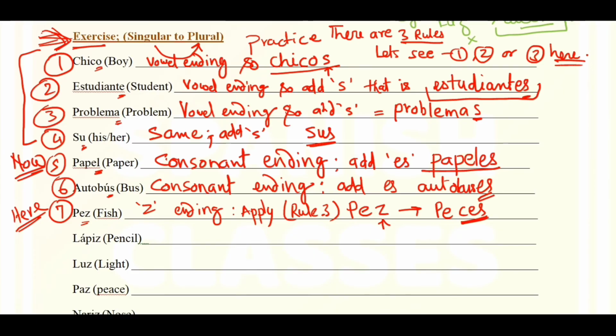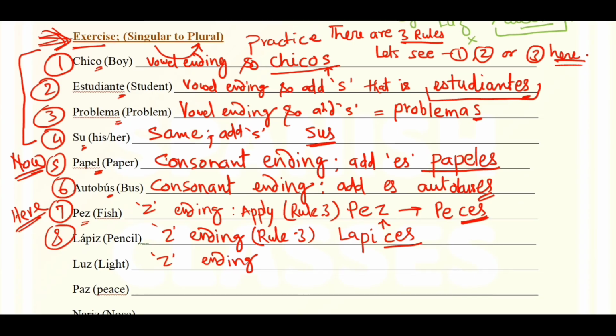P-E-C-E-S. Peces, plural. Next example is lápiz. Z ending. Again we have to apply rule number 3. Drop z and add ces. Lápices, plural. Pencils.